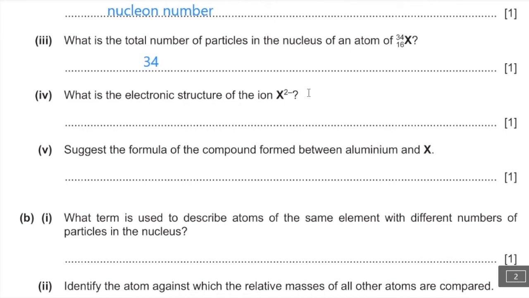But in this part, however, we have it in the form of an ion which has a charge of -2, which means it gains 2 electrons. And so here the ion has a charge of -2 because of having 2 extra electrons, and that would mean it has 18 electrons instead of 16 as it would have initially started with. So you'd have 2 in the first shell, 8 in the next one, and then the last 8 in the third shell.